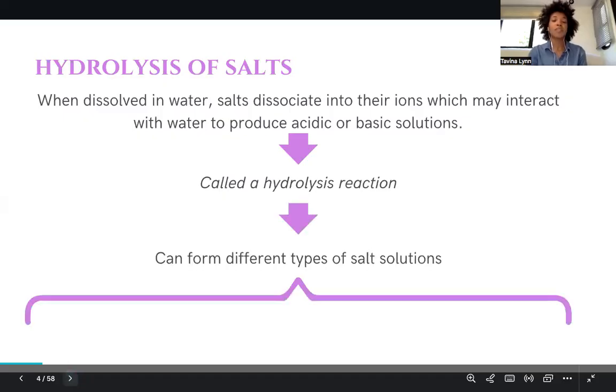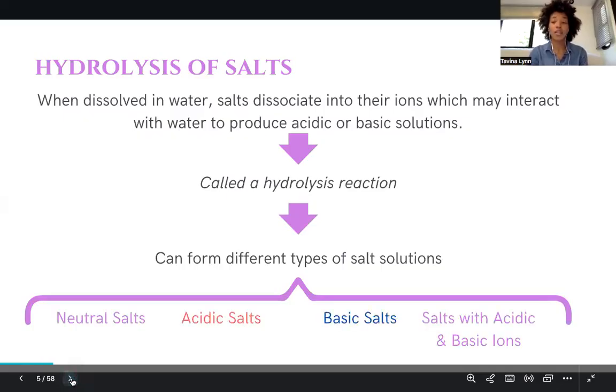So we can form different types of salt solutions: neutral salts, meaning they're at a pH of 7, acidic salts at a pH of less than 7, basic salts higher than a pH of 7, or we also have some salts that can form acidic and basic ions in solution, where we'll have to look a little deeper to see what the pH of the solution will actually be.